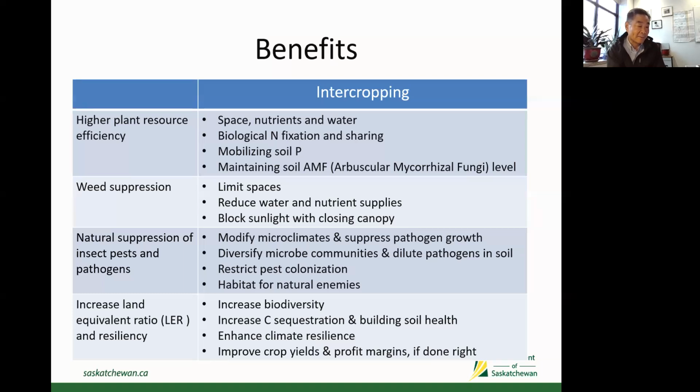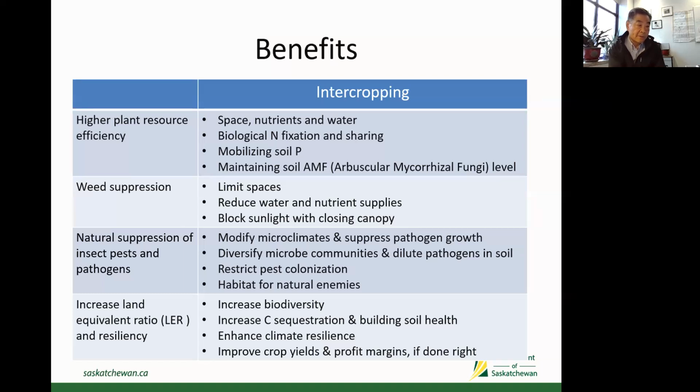Increase land equivalence ratio. Basically, land equivalence ratio means you grow these 2 crops, and when you measure the crop yield, you would see that they actually produce more than a single crop of either of the crops you mixed.